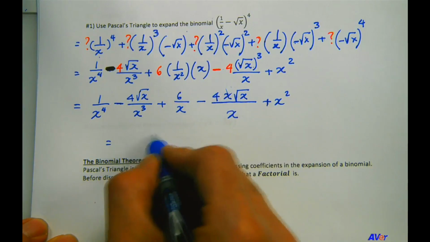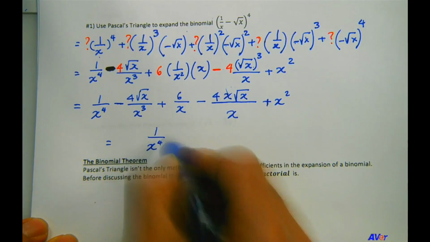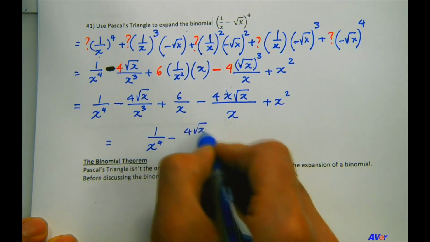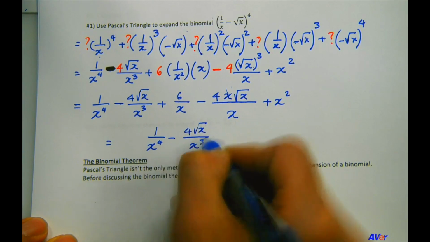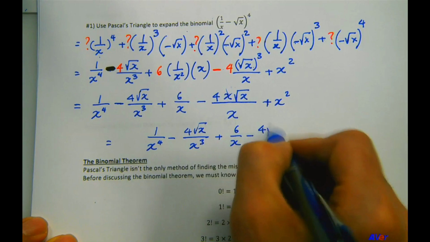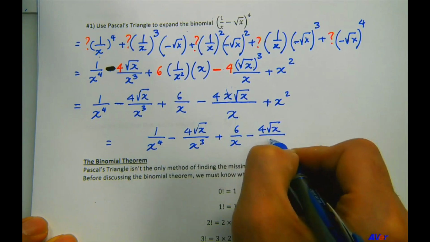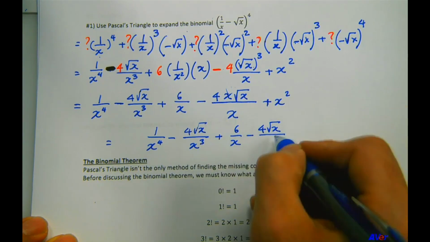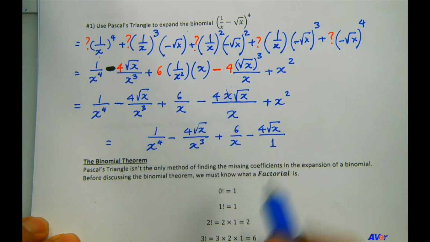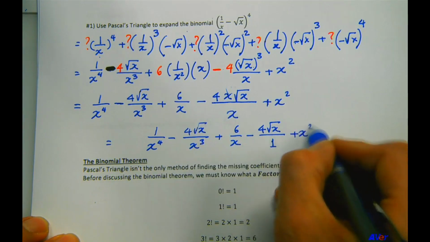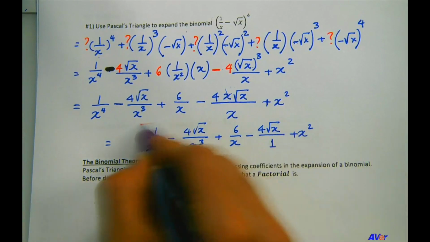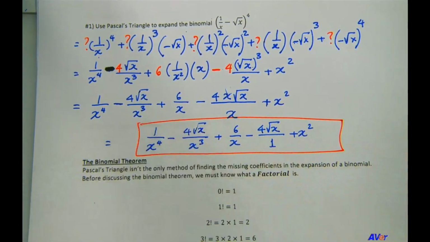So we have 1 over x to the 4th power, that's that, minus 4 square root of x over x cubed plus 6 over x minus 4 square root of x over 1, or minus that, just over 1, right? This x and that x cancel out, plus x squared. So that 1 we can ignore. Okay, so that's the final simplified form.